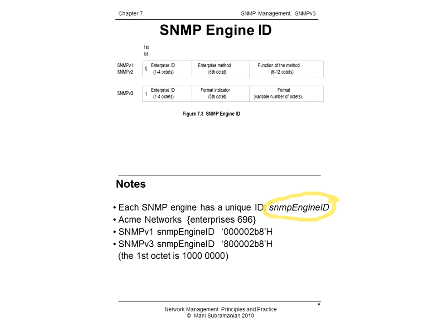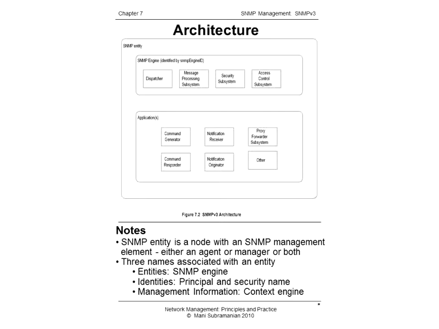Now, SNMP engine, as you can see in figure 7.2, this is SNMP engine. An SNMP entity has one SNMP engine, which is uniquely identified by its name, that is SNMP Engine ID.